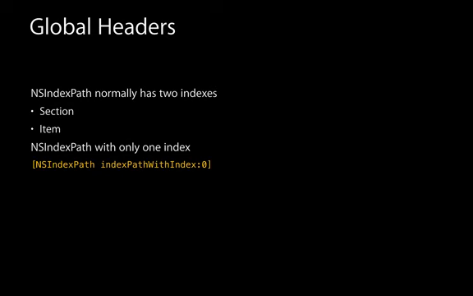When we initially tried this, I tried to lump them in with section 0, and it just made no sense. So now I'm able to distinguish them from everything else, and we treat global headers differently. When you look at the sample code, you'll notice that the global headers actually never go off screen. They pin just underneath the navigation bar.